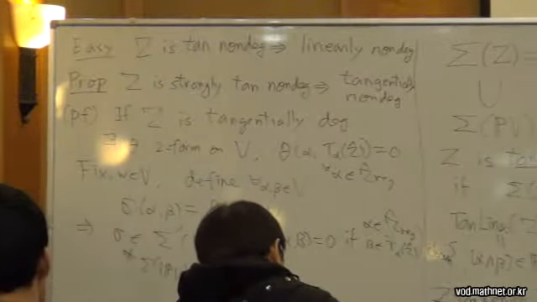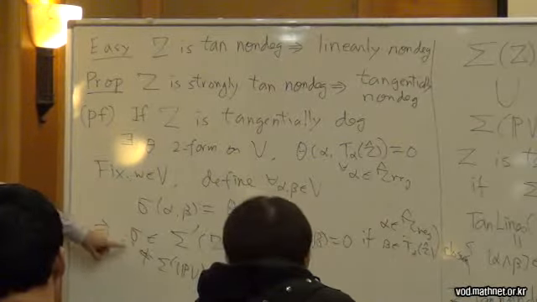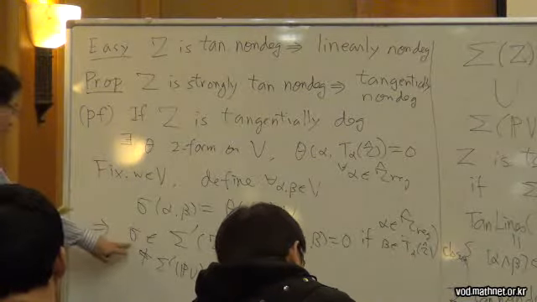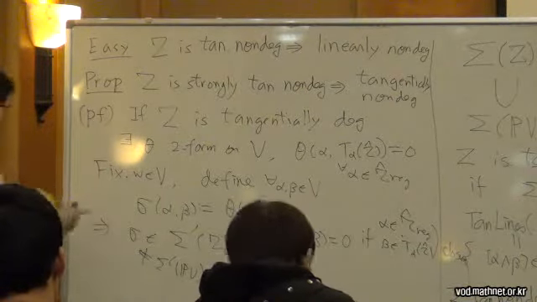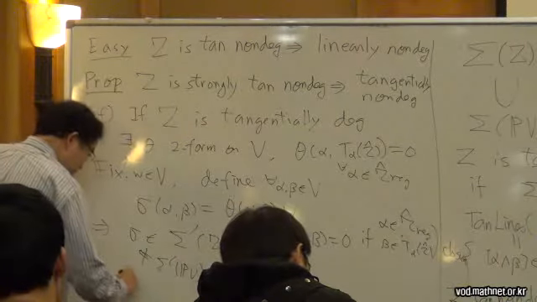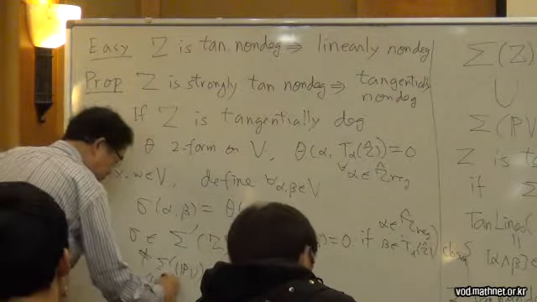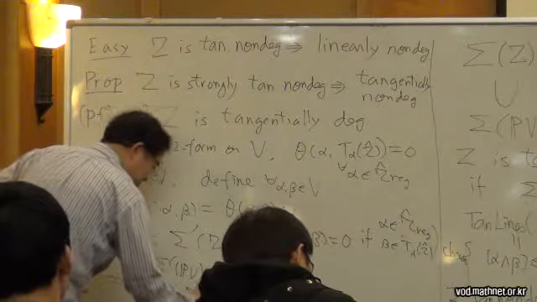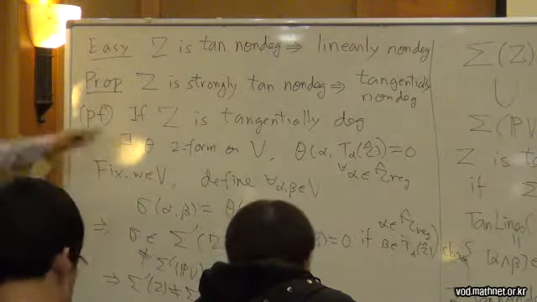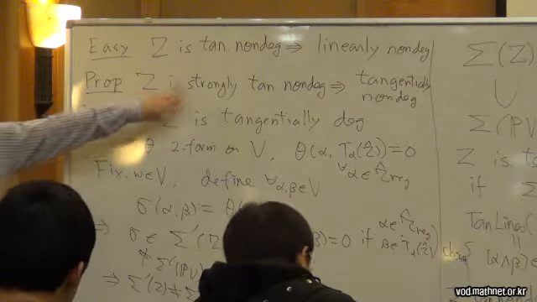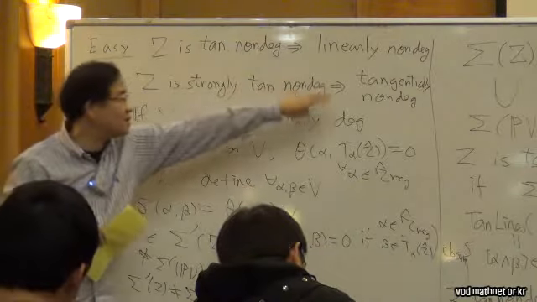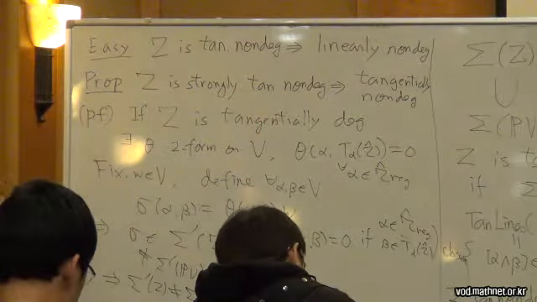So this cannot be. So sigma prime G is different from sigma prime PV. This proves that if G is strongly tangentially non-degenerate, then it must be tangentially non-degenerate.